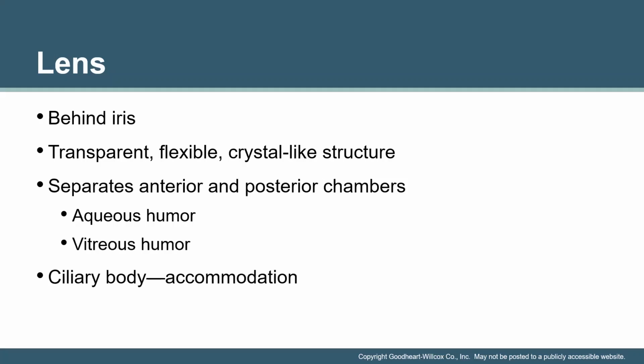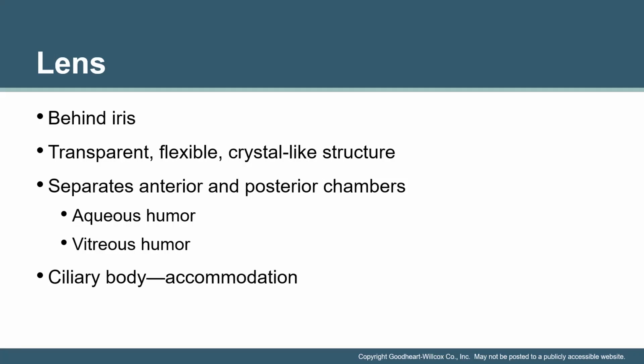I indirectly mentioned that the lens was the separator of the anterior compartment, in contrast to the posterior compartment of the eye, the difference being what we call the fluid within each compartment. Aqueous humor being in the anterior compartment, A for aqueous, A for anterior, and then vitreous humor being within the posterior compartment of the eye.